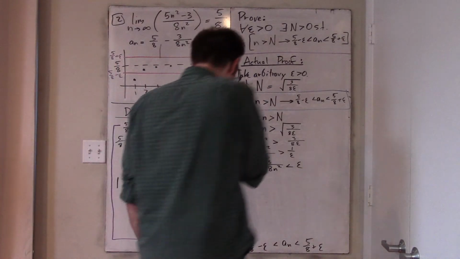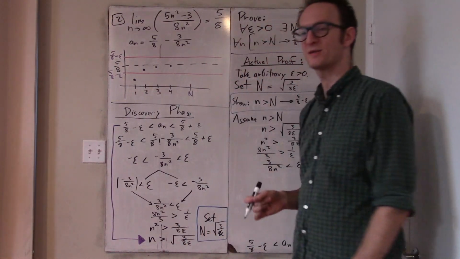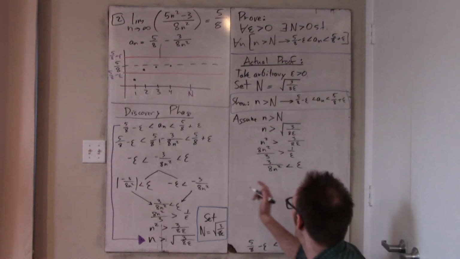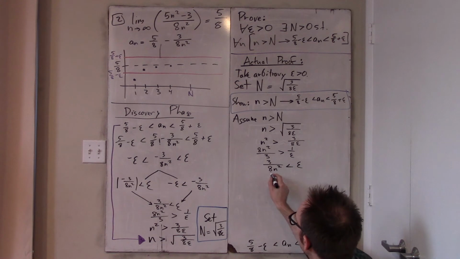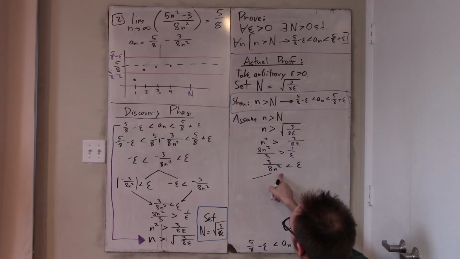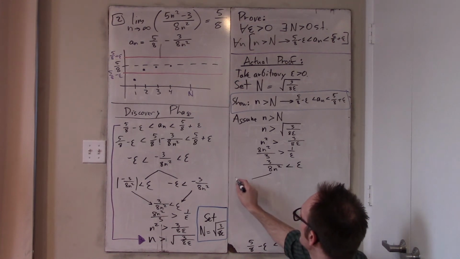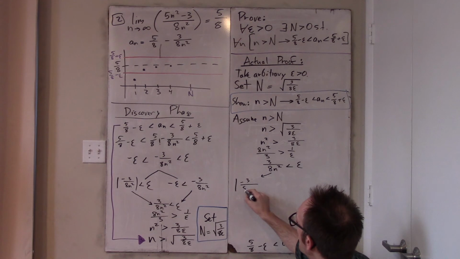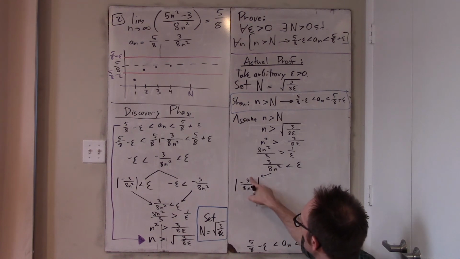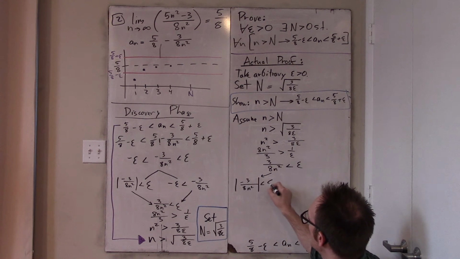And so if you use absolute values, then you would have to take the awkward step now of rewriting this. Again, I'm going to show this happening in both ways, not to confuse people, but one thing you could do is rewrite this as negative 3 over 8n squared. Absolute value of that is less than epsilon.